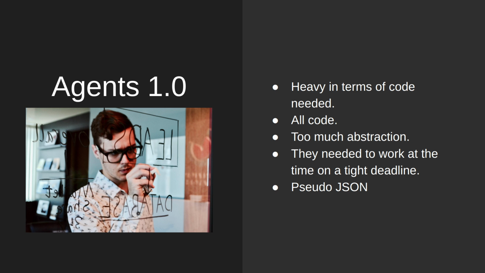So basically almost everything except the prompts that they are using are written in code, which makes them very complex to set up. There's a lot of abstraction, meaning that you basically need to be a good developer to set this up, which means that this limits the amount of people that can actually create agents for us.